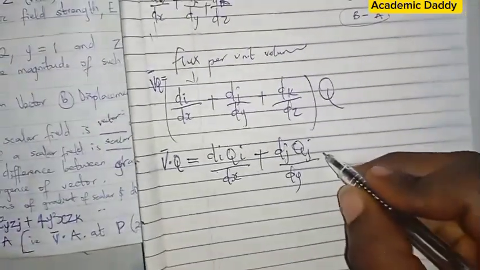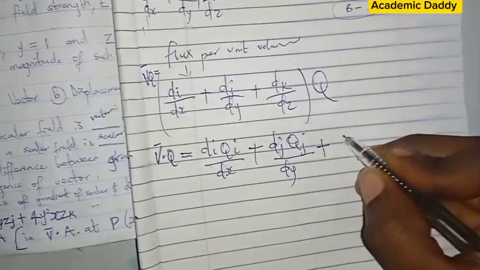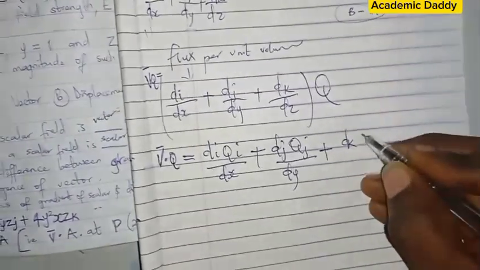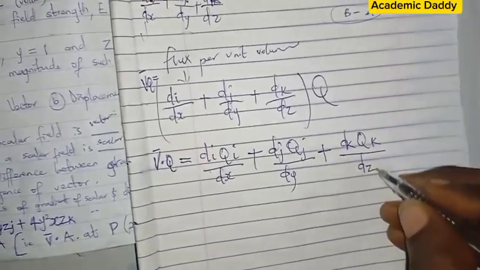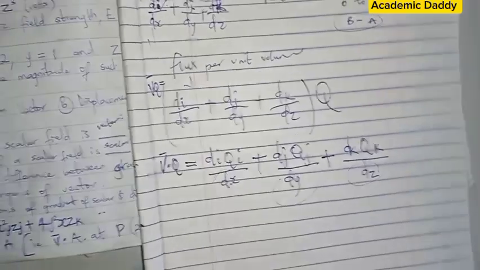I know I will make you understand, but it requires your attention. Then the k, then part of the Q that is carrying k, all over the z.